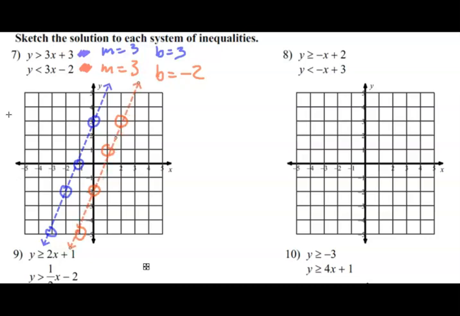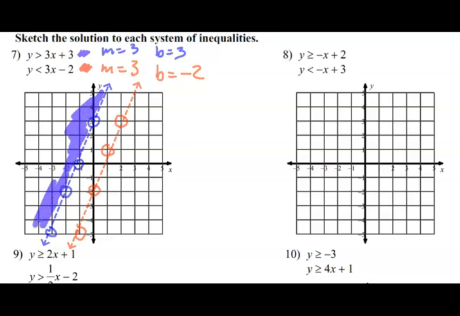They're both dashed lines because there are no lines under the inequality symbols. Now from here we want to shade in the values. Since y is greater than for the blue one, we're going to shade above the line.